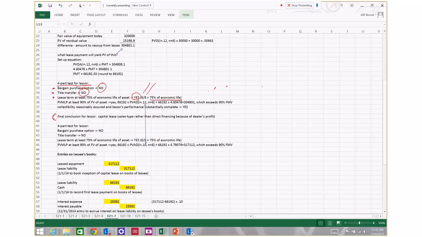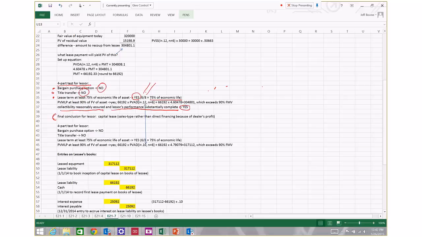The last question asks us whether or not collectability of the payments is reasonably assured and the lessor's performance is substantially complete. The answer to both of those questions is yes, based on the facts of the problem.